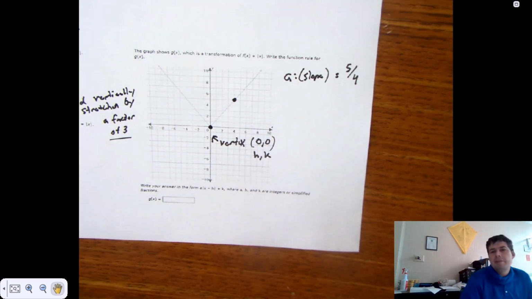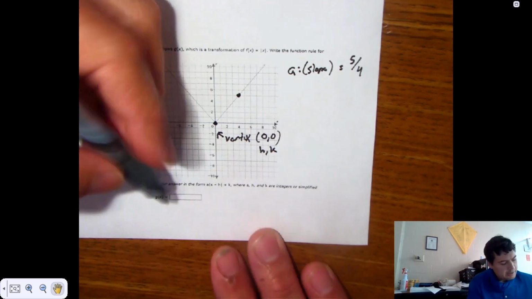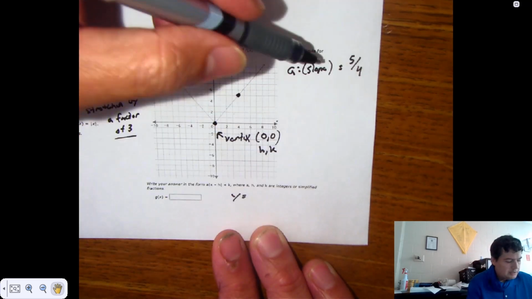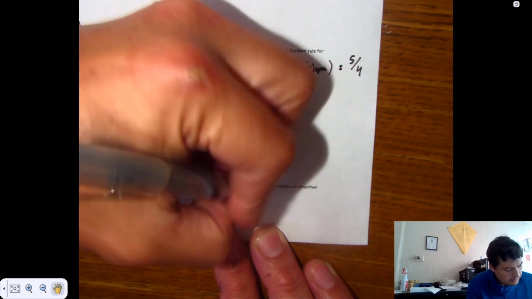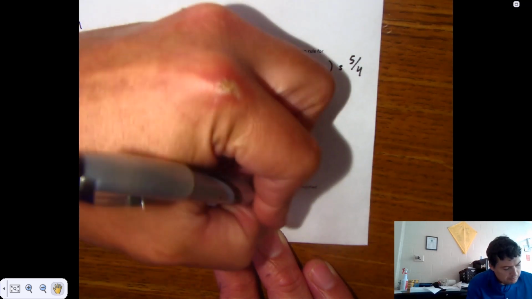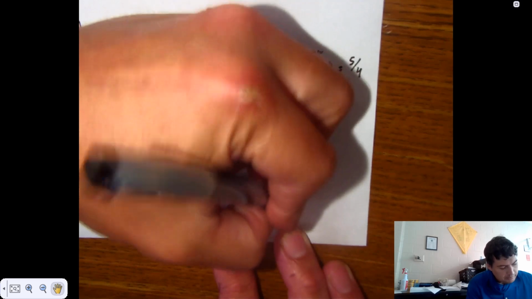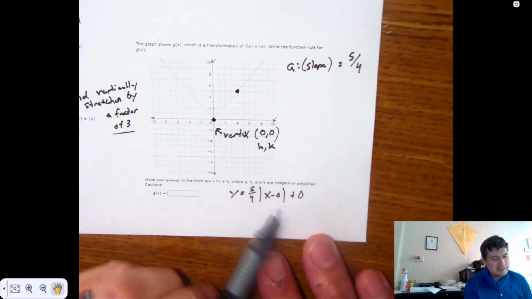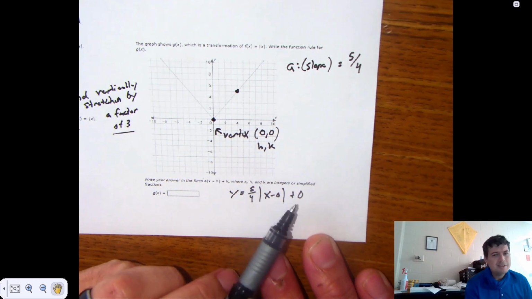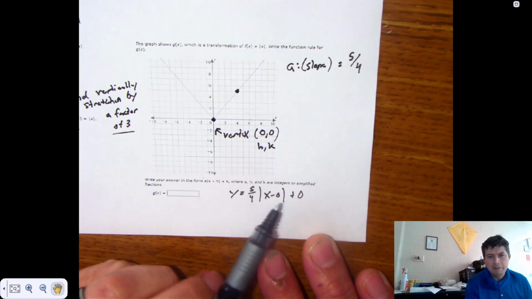So I have everything I need for vertex form. I'm not going to put the immediate thing in the box. I'll clean it up, obviously. I have y equals, a is 5/4, goes right in front of absolute value bars. X minus h, well, h was 0, plus k, k was 0. Now, IXL, I hope it would reject this, because this should never, ever be written.